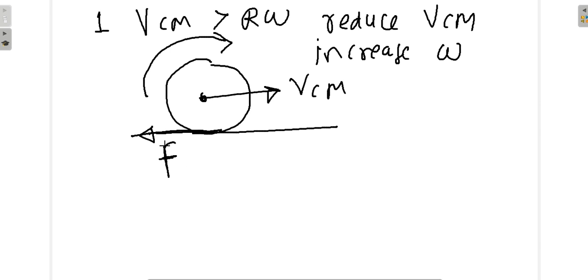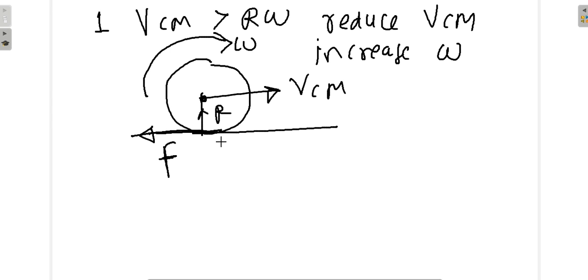Now please see how F will help to increase the value of omega. You can see the torque acting due to this force at this particular point is F into R, and it is in the clockwise direction. It is the same as the direction of omega, and therefore this force of friction producing clockwise torque will increase omega.